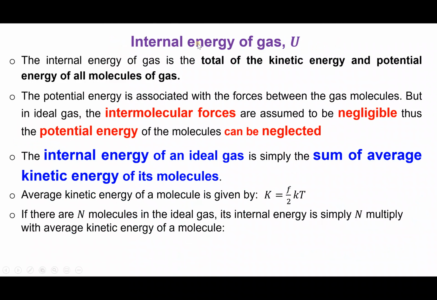Okay, so internal energy is actually the measure of total kinetic energy and the potential energy of a molecules. Ataupun kita boleh cakap the internal energy is actually the sum of the average kinetic energy. Kalau you tahu tadi average kinetic energy kita is just F per 2 kT. So kalau you ada N molecule, so you ada 1000, so you darab je lah dengan 1000. Kalau satu yang kita kira is F/2 kT, so kalau you ada 1000, darabkanlah dengan N number of the molecules. So itu dah represent the total kinetic energy, which is actually internal energy of the gas.